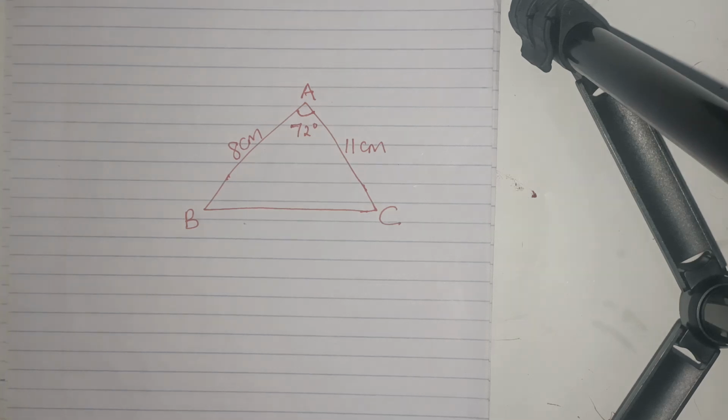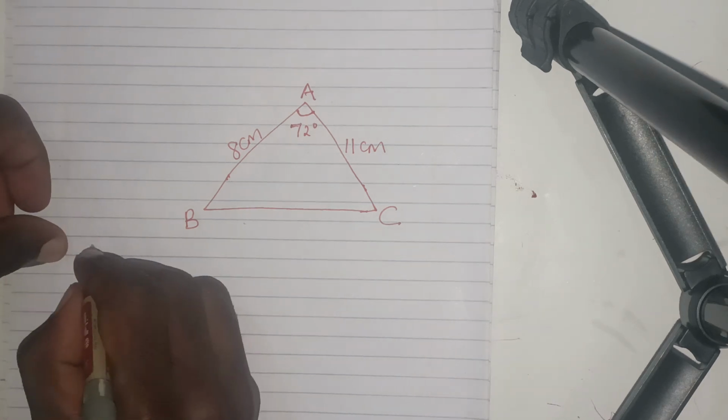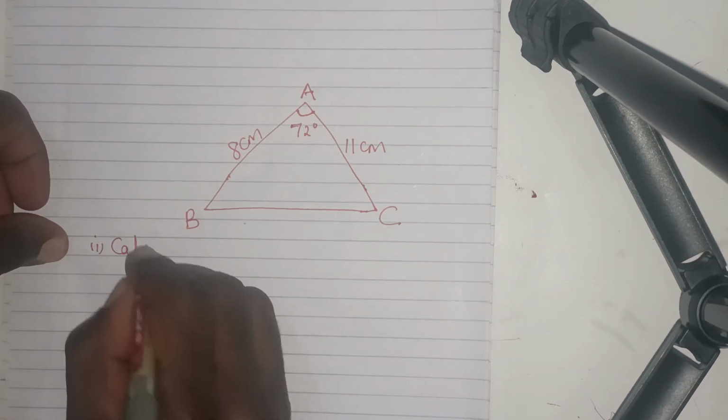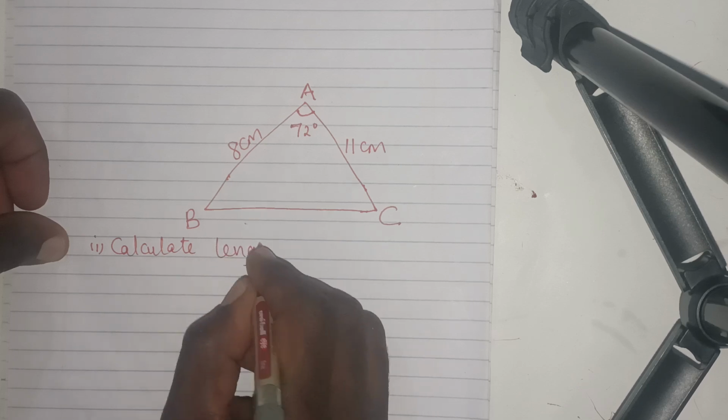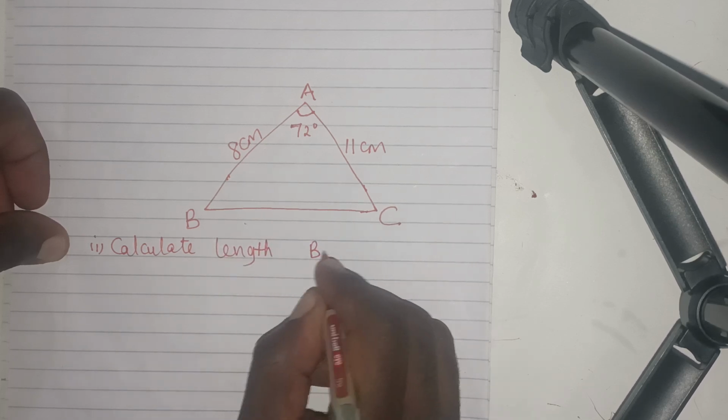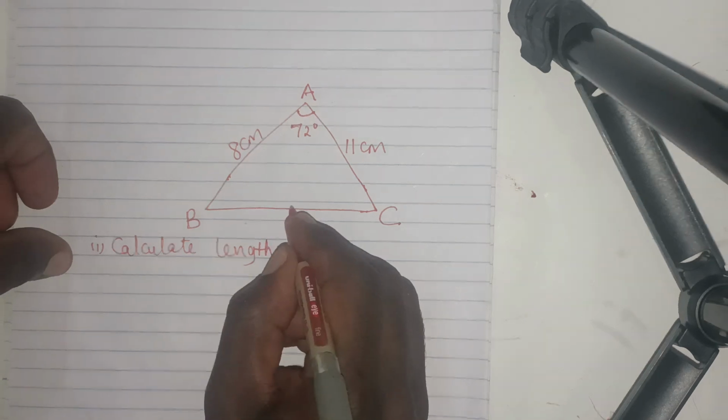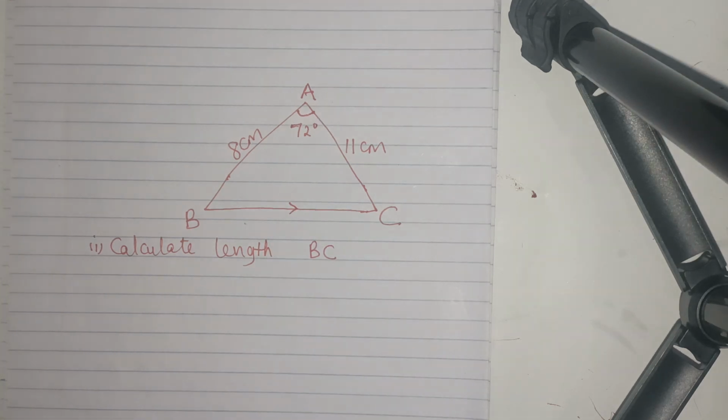And the question is demanding us to get length BC. So question 1, calculate length BC. We are expected to get the value of length BC in this triangle.